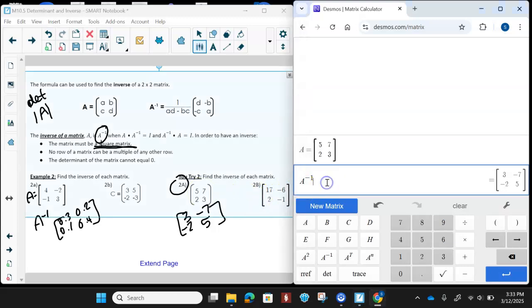Now again, notice also here, DET. If I wanted to know the determinant of my matrix, you press that determinant and then also the matrix label that we're looking for. So let's say A, and there it is, my value of 1.